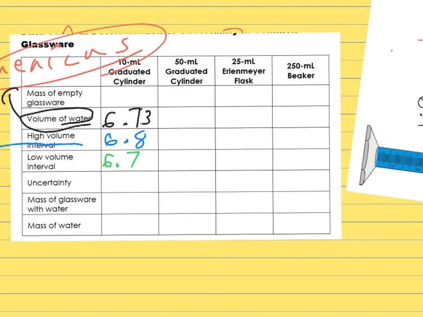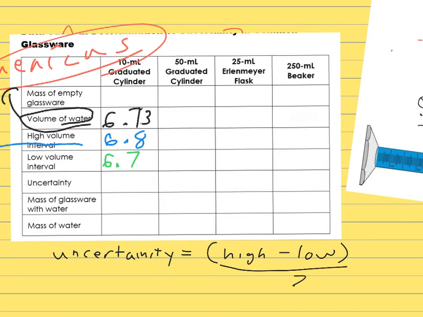According to your lab instructions, and this is on page 5, your uncertainty is equal to the quantity your high interval minus your low interval divided by 2.